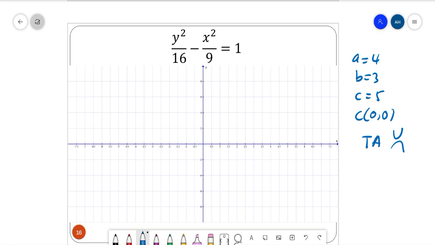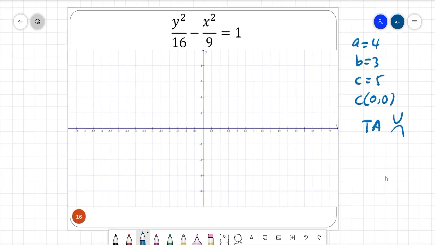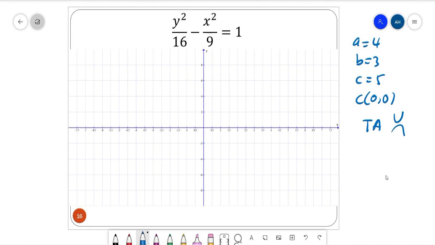So let's plot the point 0, 0, that is the origin, as the center of this hyperbola.